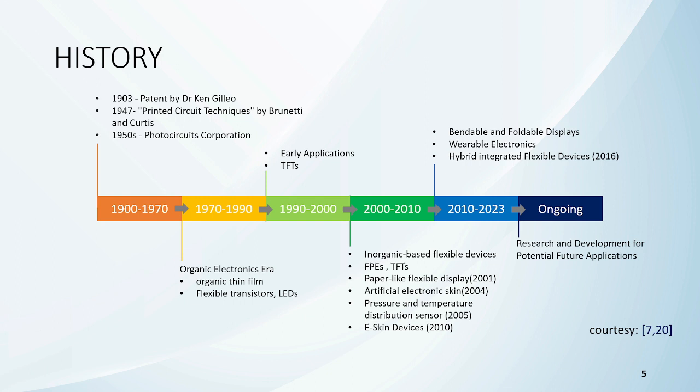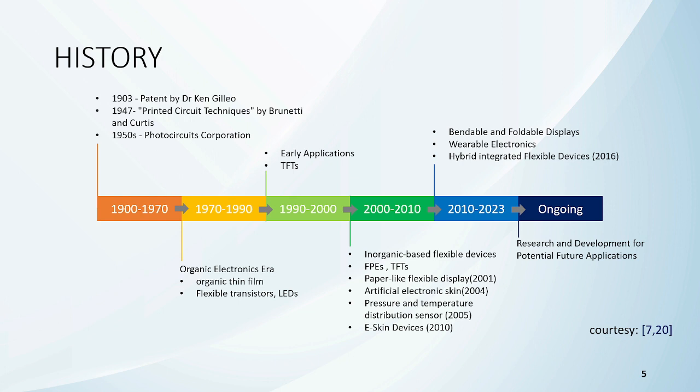Then in 1947, the printed circuit techniques book by Brunetti and Courtois gave a small impact to the idea of flexible electronics. And then Photo Circuits Corporation, a company, planned to design a flexible electronics device.